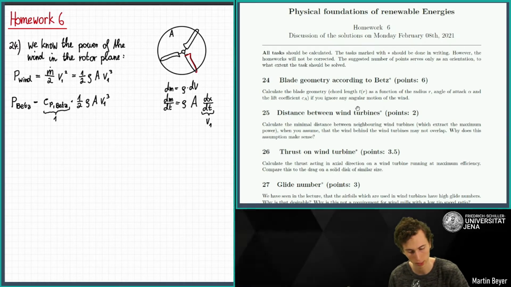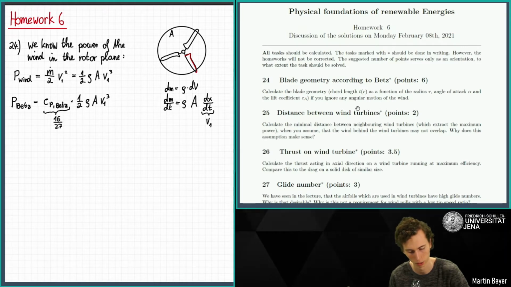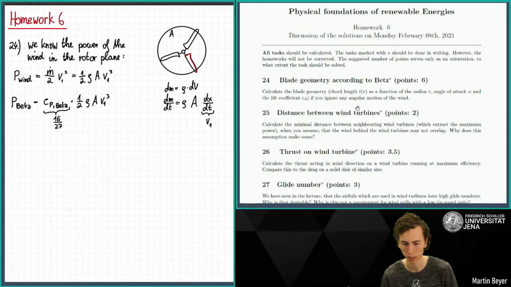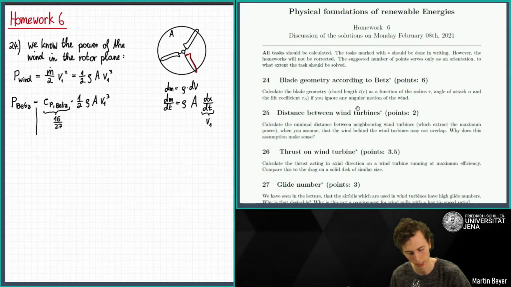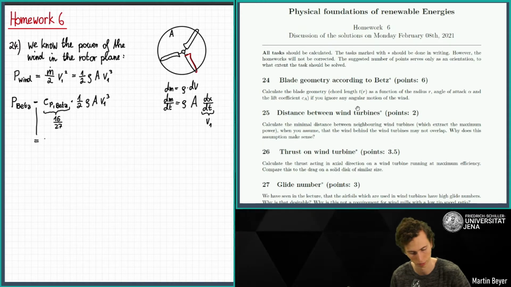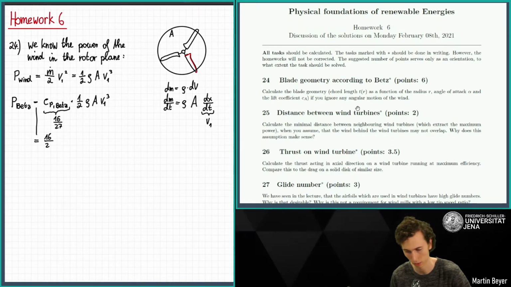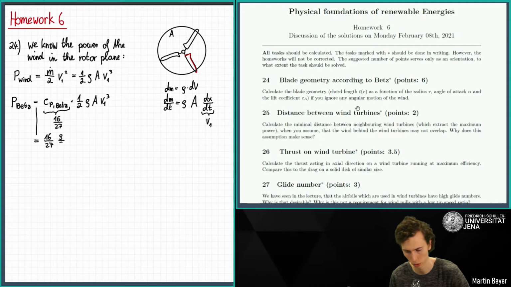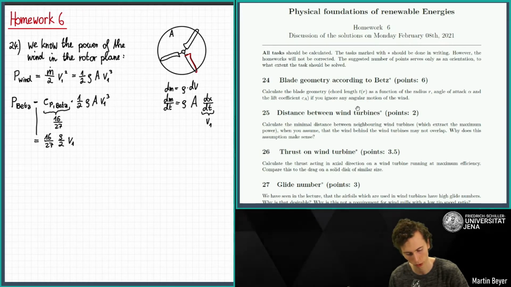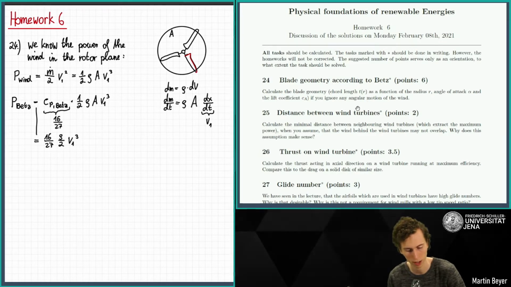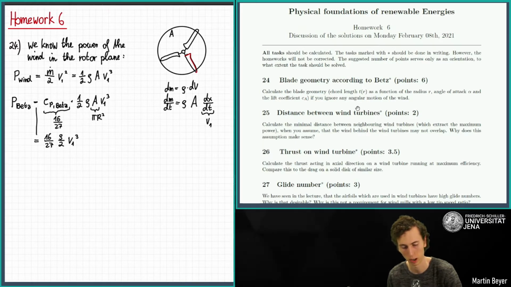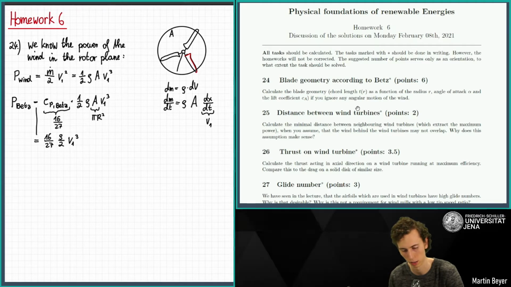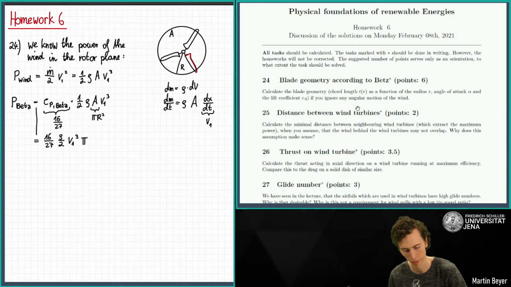It's namely 16/27, something like 0.59. And this is the power that can be extracted from the wind here. 16/27 rho over 2 v1 cubed. And now we rewrite this area here as pi r squared, where r is just the length of the rotor blades.